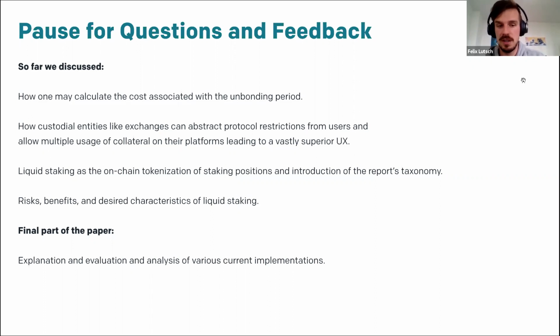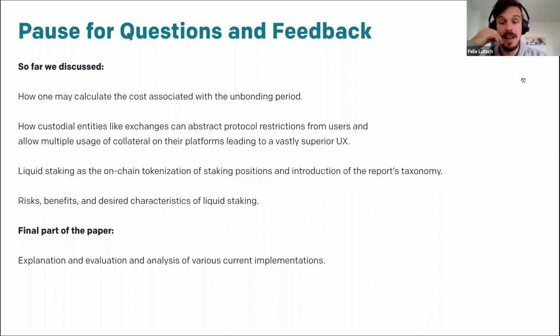We also discussed quickly the definition of liquid staking, our taxonomy, and the risks, benefits, and desired characteristics. So that's also the structure of the paper. And in the end, we go into each currently proposed implementation, quickly explaining how it works, and talking a bit about the key strengths and weaknesses.